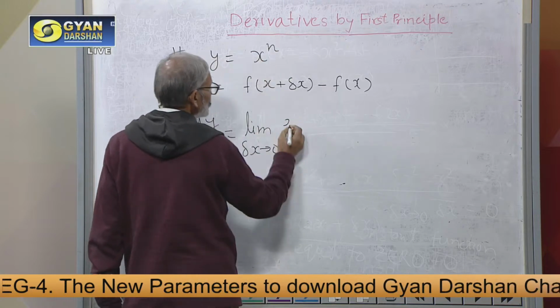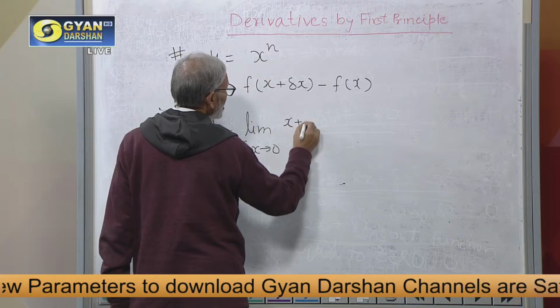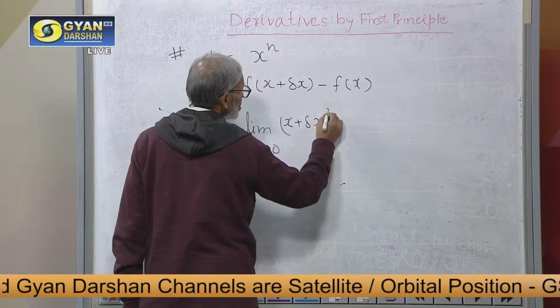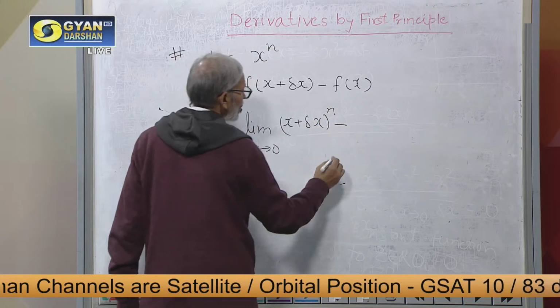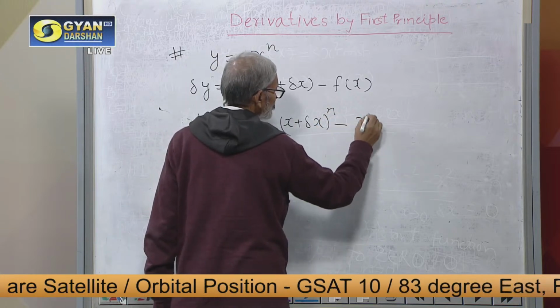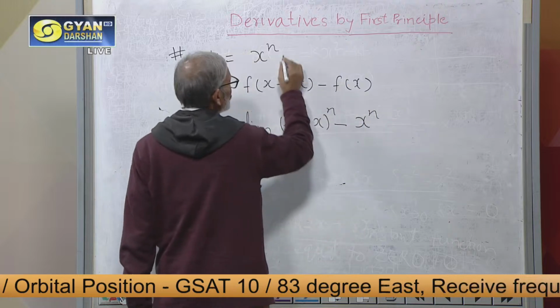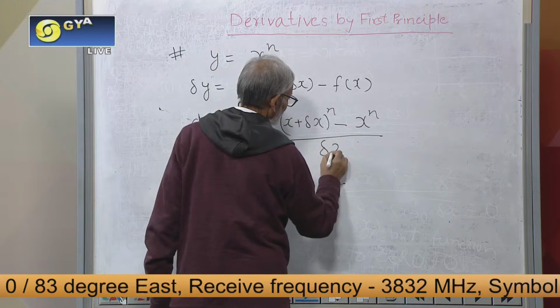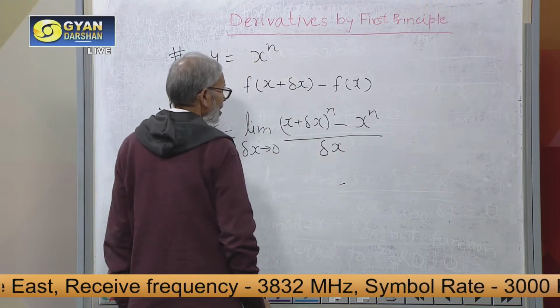The function is x to the power n, so it will become x plus delta x to the power n, minus f of x, which is x to the power n, divided by delta x.